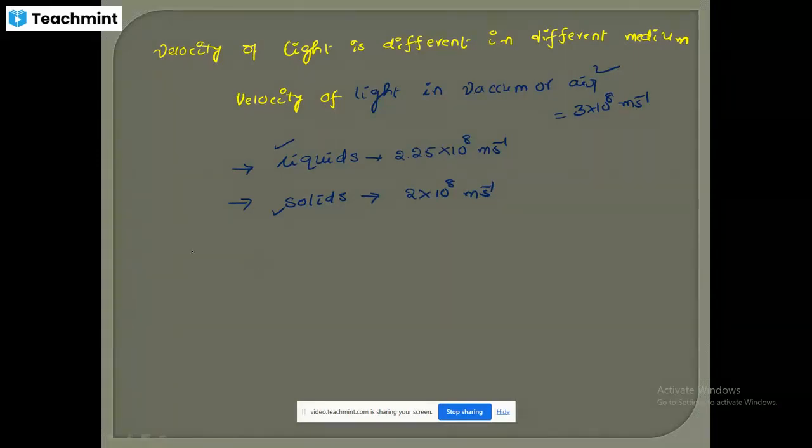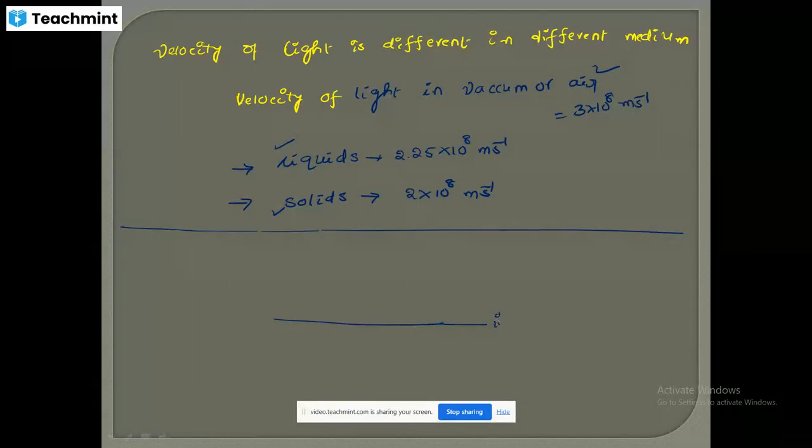Okay, next, let's go to some terminology. For example, this is my surface interface where the light is entering. This is the air medium, in which the velocity of light is more.